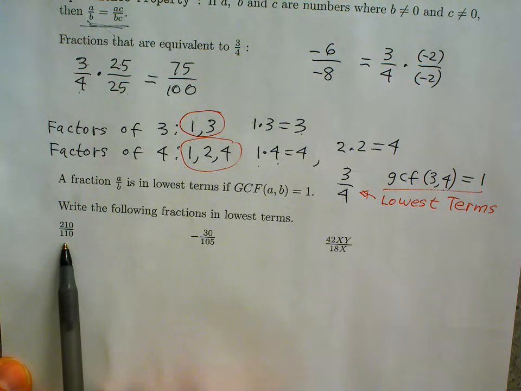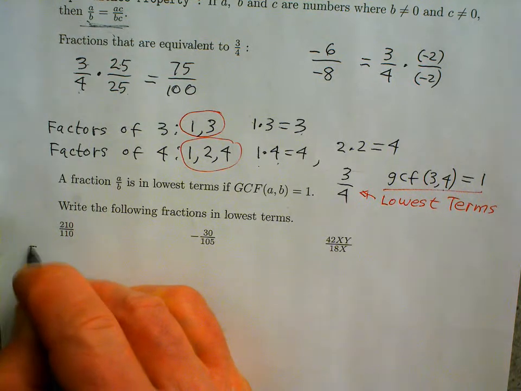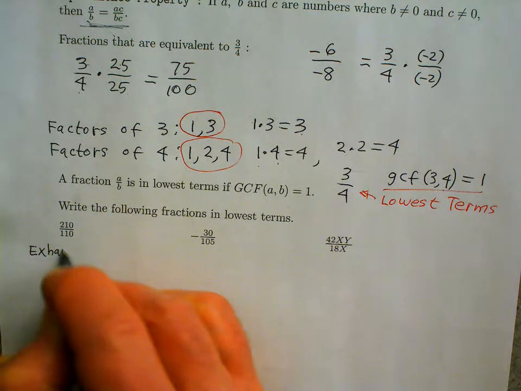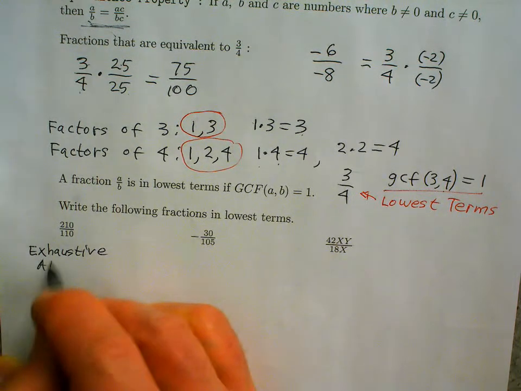We want to write this fraction, 210 over 110, in lowest terms. Well, I'll do an exhaustive approach.